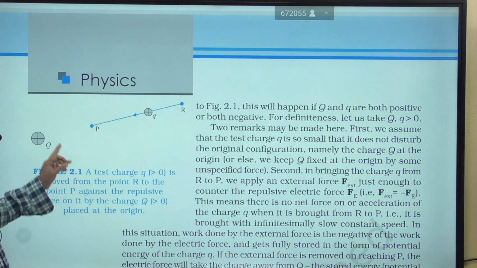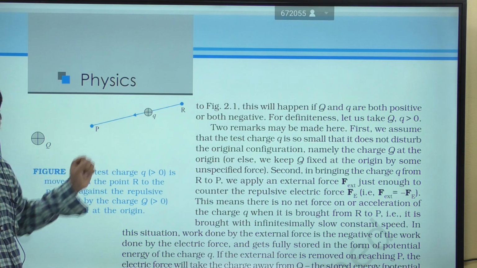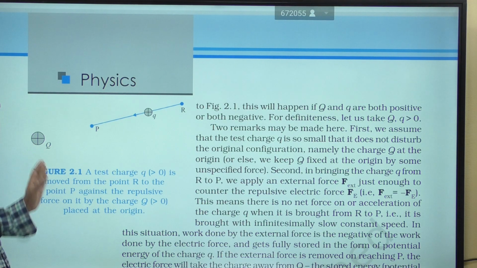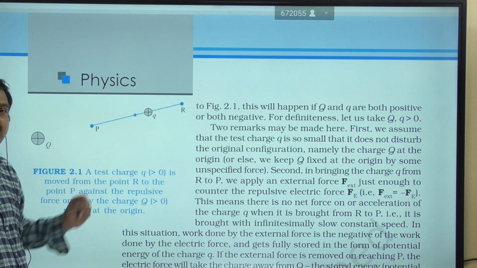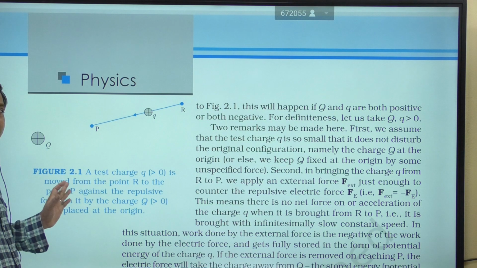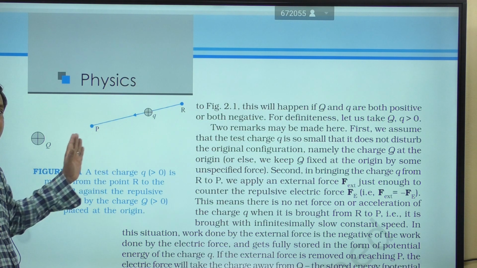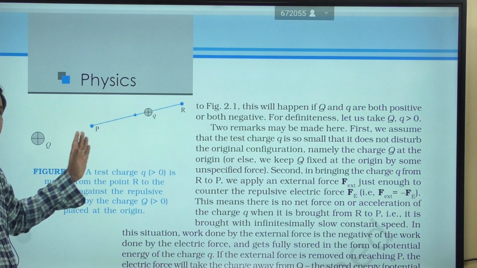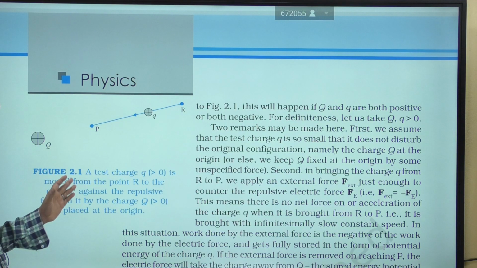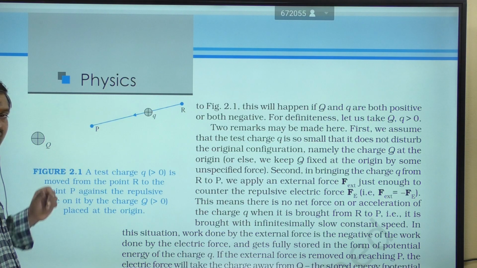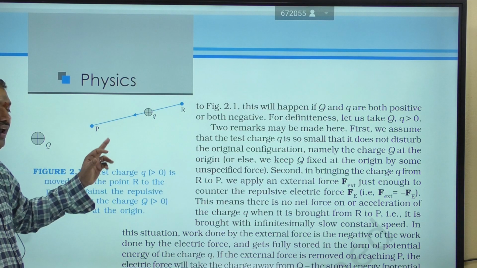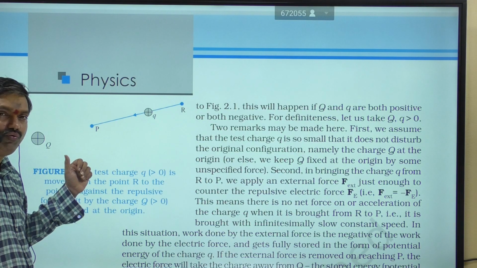Now try to understand. This test charge is positive because our given charge is positive, and the test charge is also positive. So whenever a positive charge is being brought towards another positive charge, there exists a repulsion, so obviously one has to do some work against this repulsive force, right?